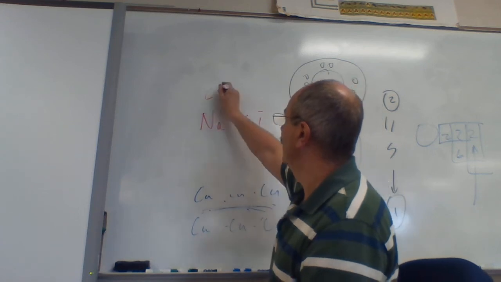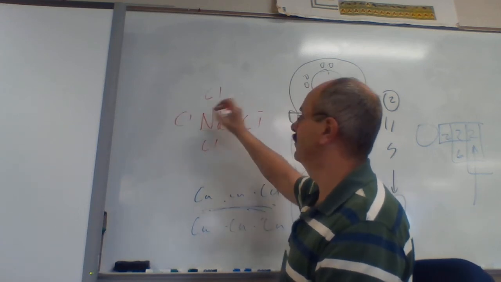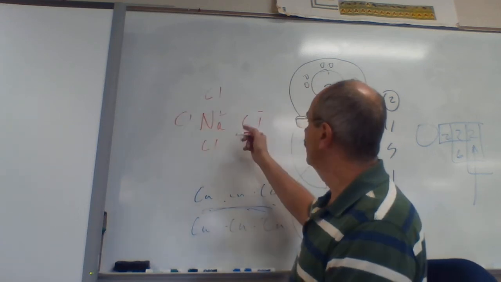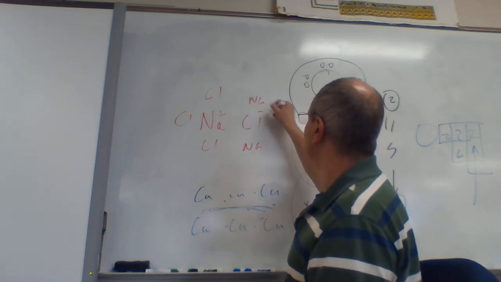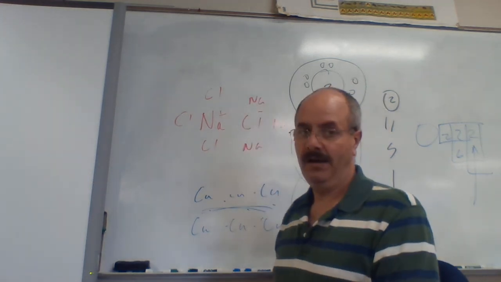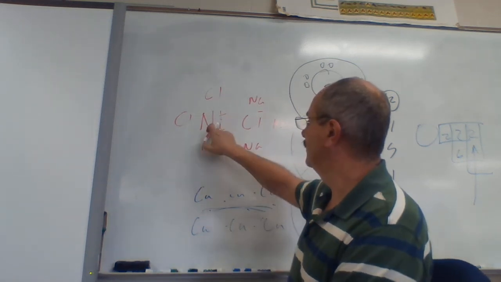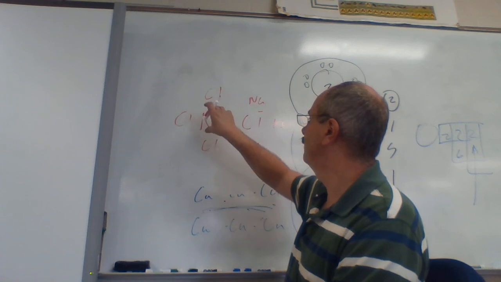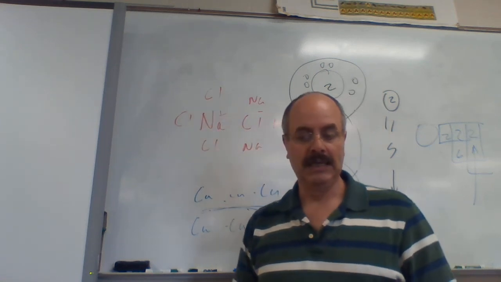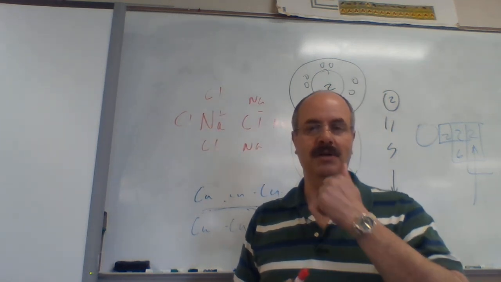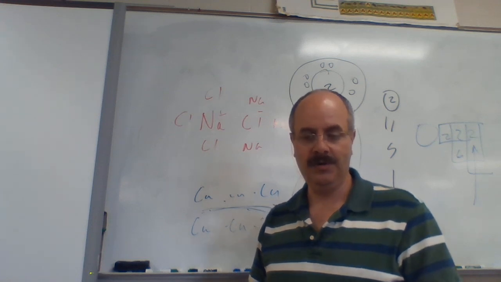Really, the sodium has a chlorine here, and a chlorine here, one in front, one behind. And the chlorine has a sodium here, and here, and here, and one in front, one behind. But the coordination number is that the sodium actually has 1, 2, 3, 4, 5, 6 chlorines around it. So it's how many negative charges are around that positive. That's what gives us a coordination number.